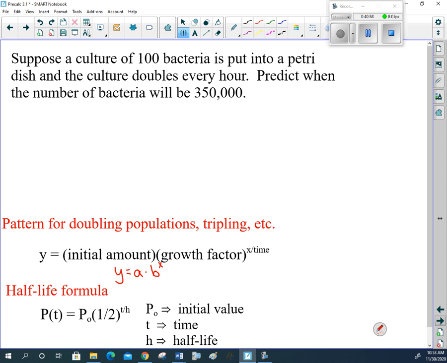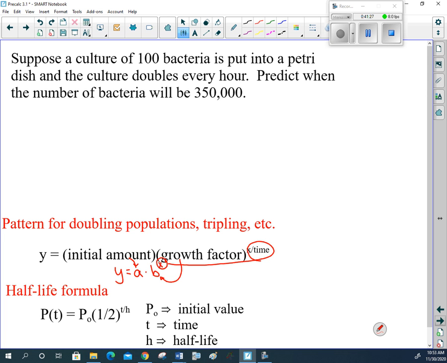Your initial amount is still your A. This growth factor is still the B. What changes is when you're doing doubling, tripling, that kind of stuff, you just take X and divide it by the time. So this spot is represented by X divided by the time. If you're tripling, your base is 3. If you're doubling, your base is 2. If you're quadrupling, your base is 4.